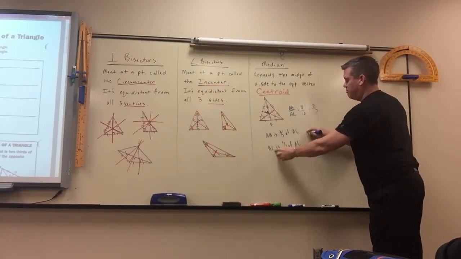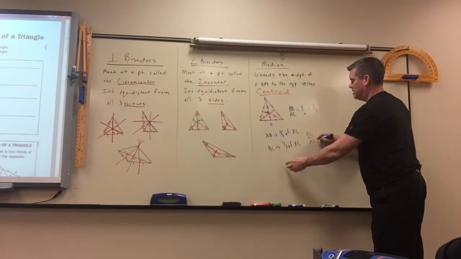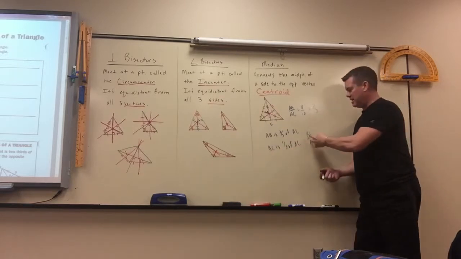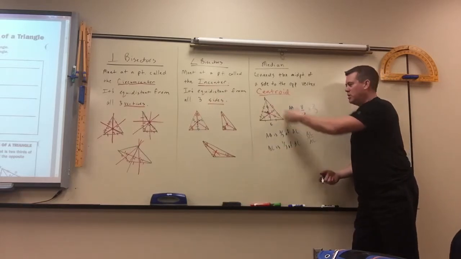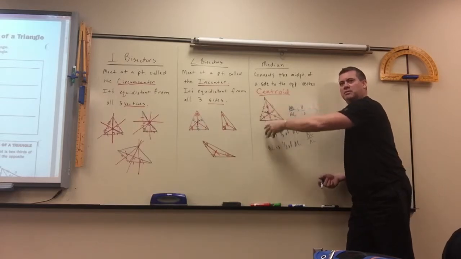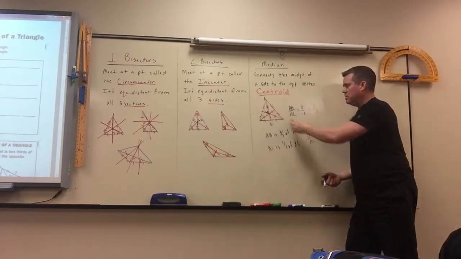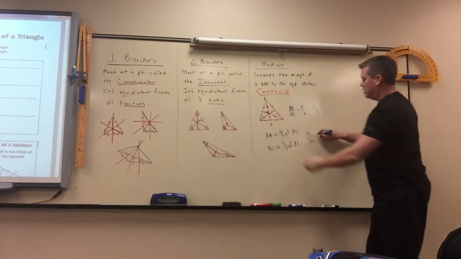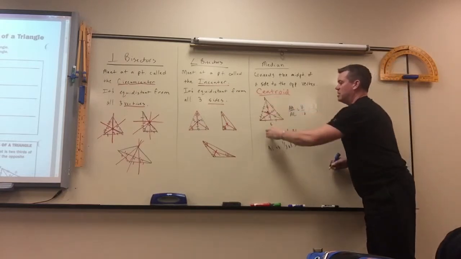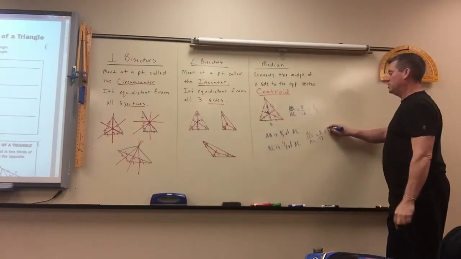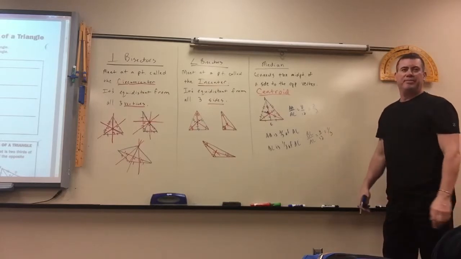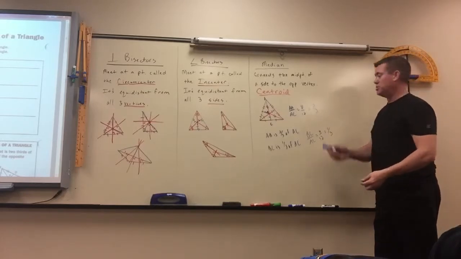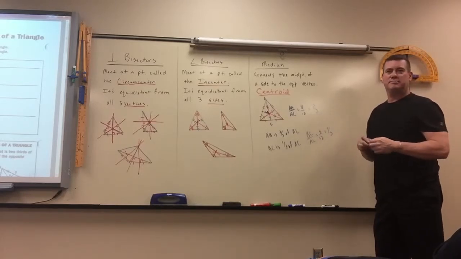The ratio of BC to AC, and again in your assignment today, they're going to tell you to find this ratio. So all you do is you look at the picture and put the numbers in. BC here is 4, and AC, the whole thing, is 12, which reduces to 1/3. It'll always reduce to 2/3 and 1/3.